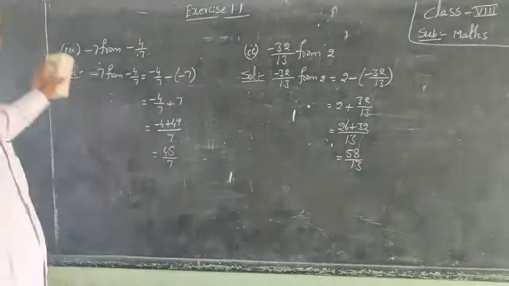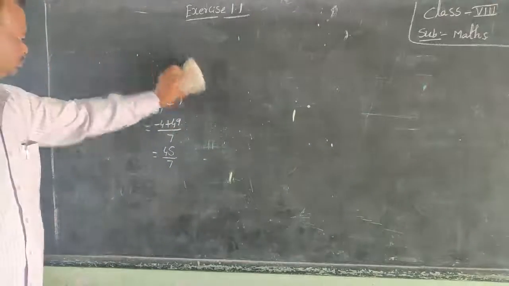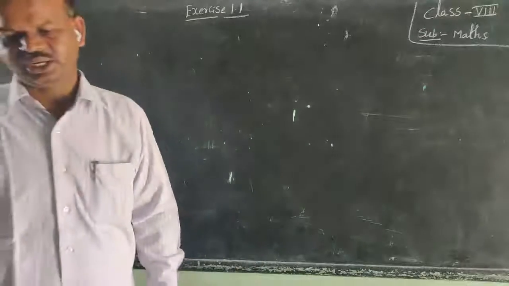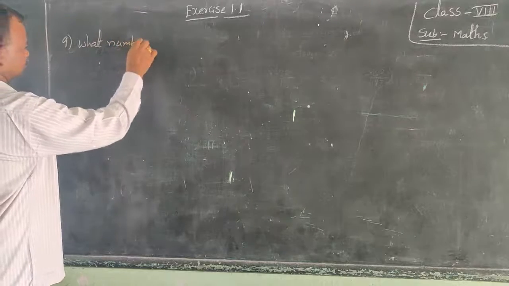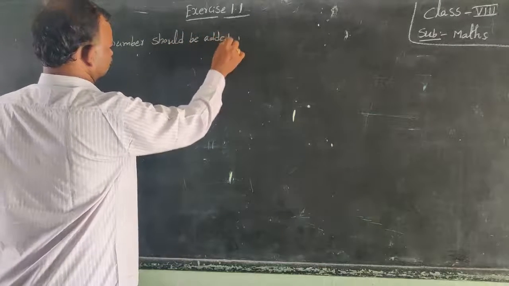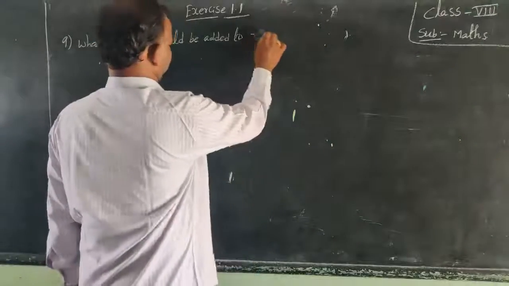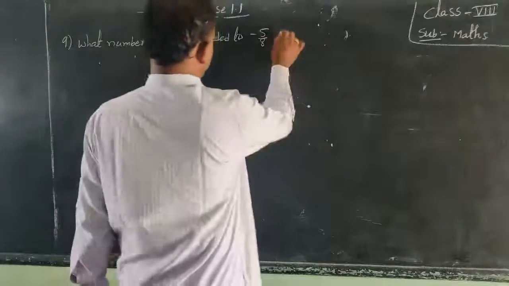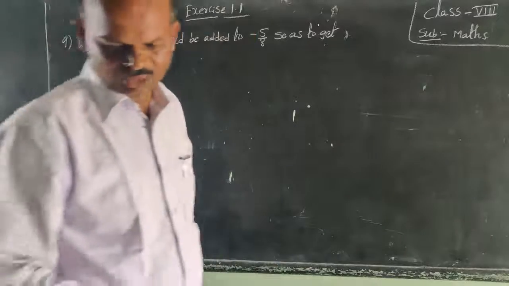Next, the ninth one is: what should be added to minus 5 by 8 so as to get minus 3 by 2?